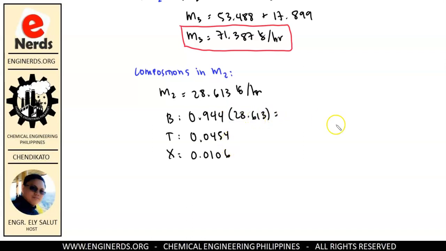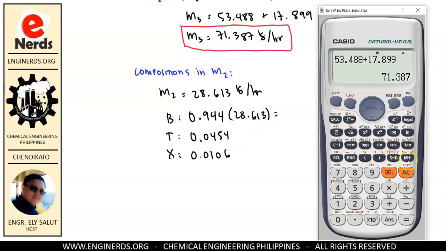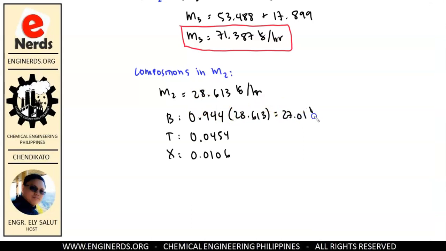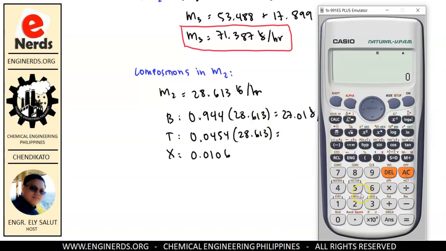Okay, so this is equal to 28.613 times 0.944. This is equal to 27.01 kilogram per hour. And this one, 28.613 times 0.0454.